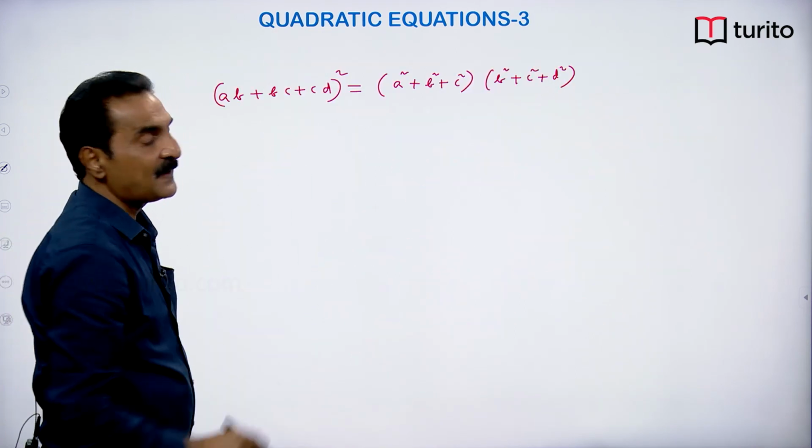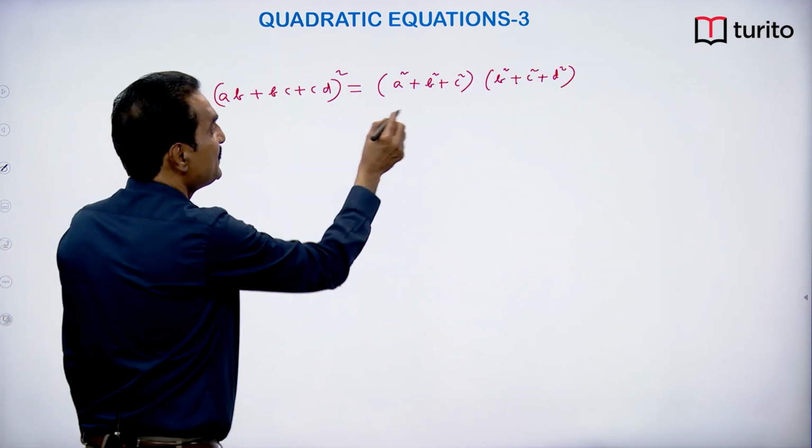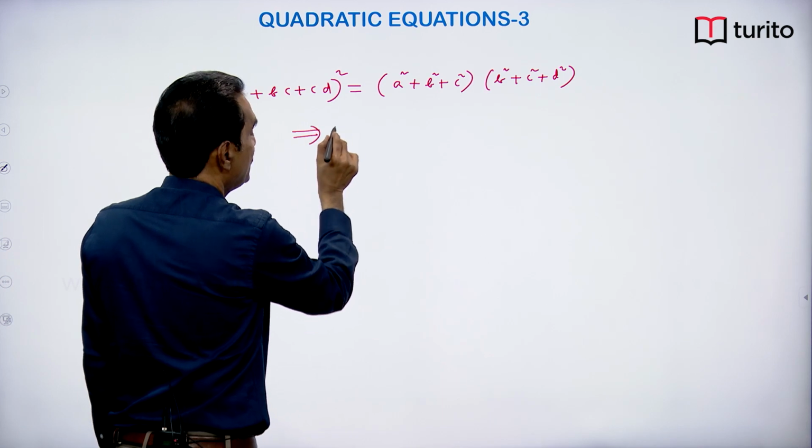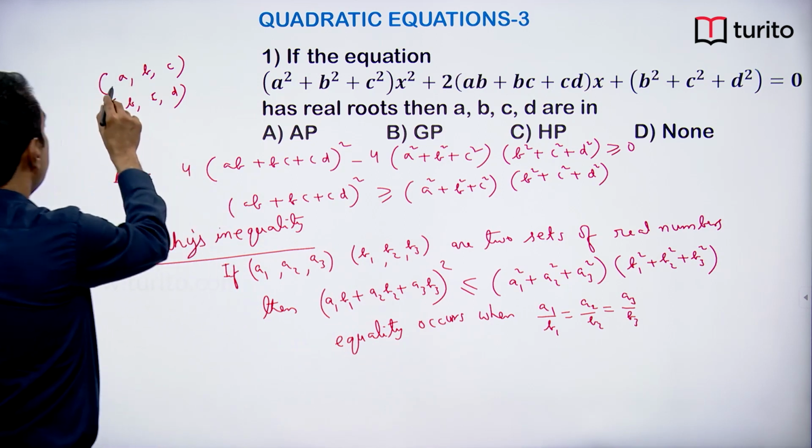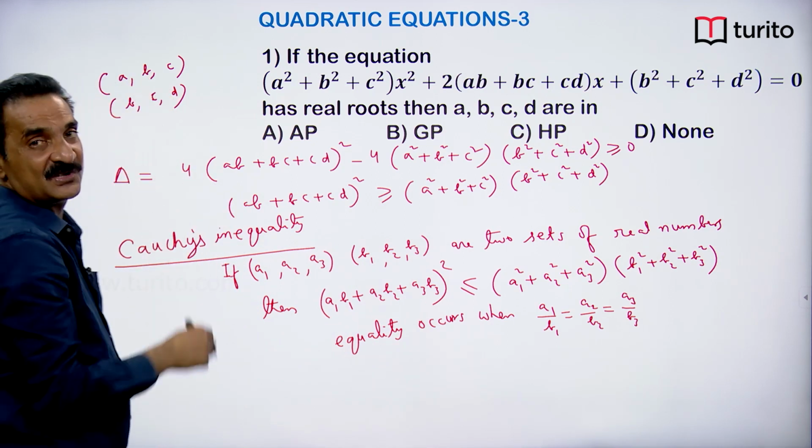Now, what is the condition for equality? If this is equal to this, we get a1 by b1 is equal to a2 by b2 is equal to a3 by b3. That means a by b is equal to b by c is equal to c by d.